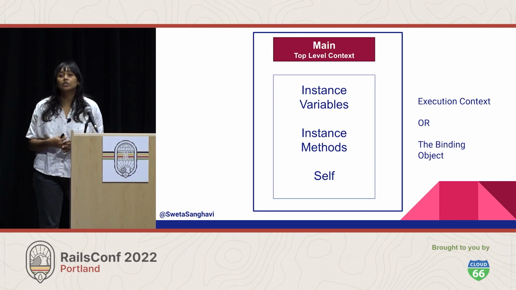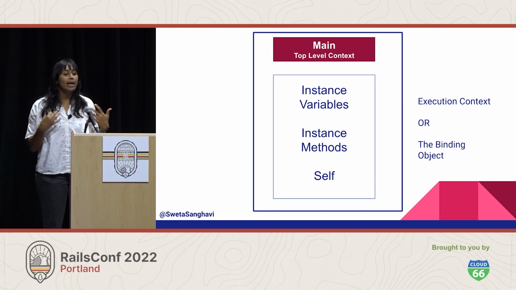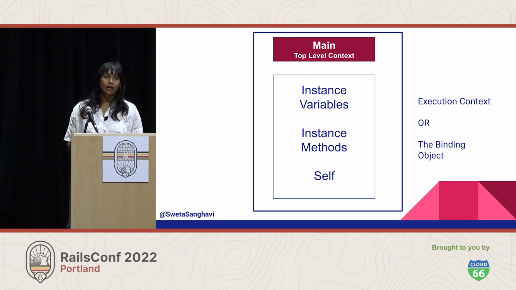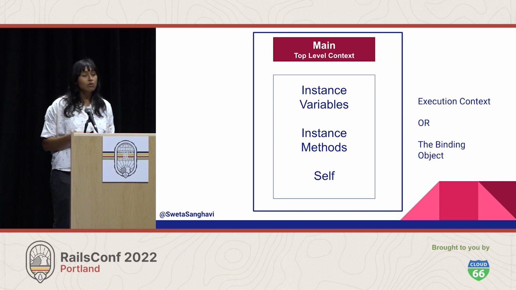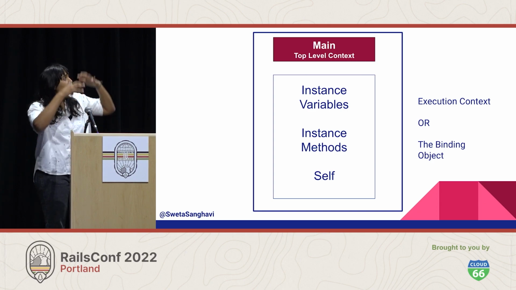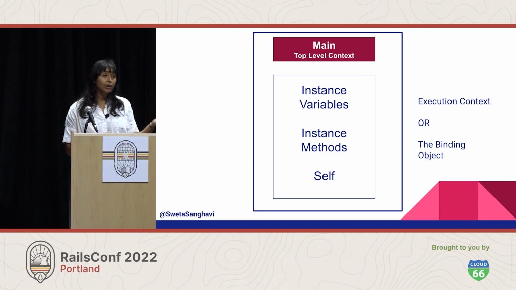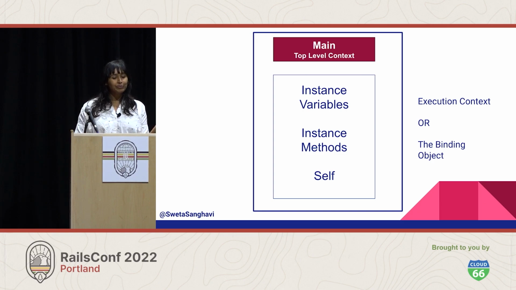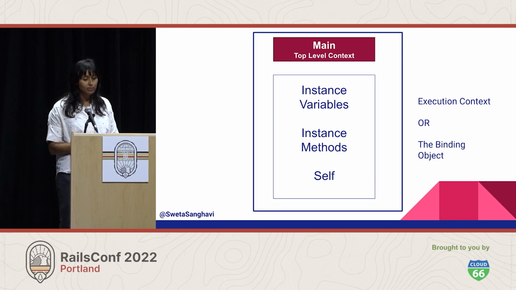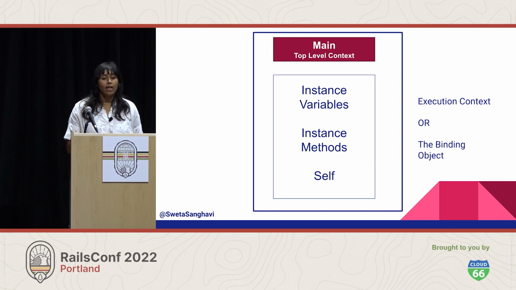And in Ruby, you actually have access to context through the binding object. Binding is a built-in Ruby class whose objects can encapsulate the context at your current scope. So that's what's going to give us access to the variables and methods at the specific point in context.